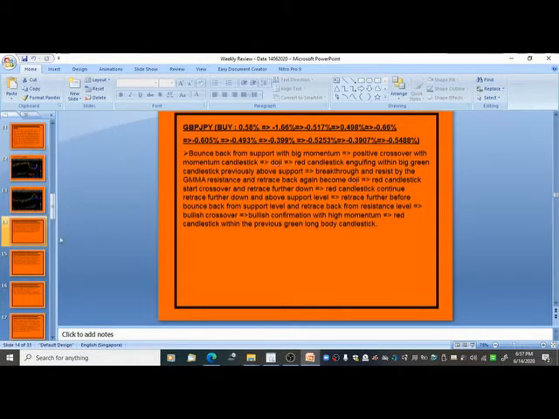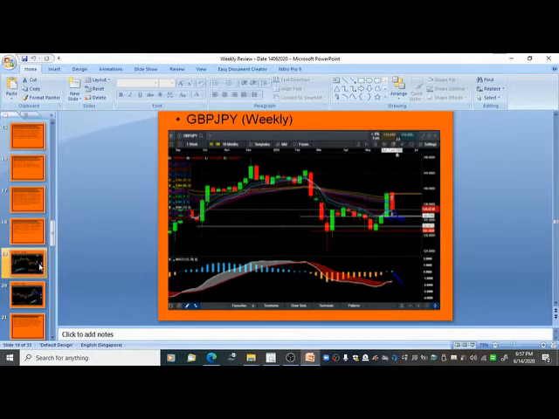Alright, for the GBP JPY, the interest charges also increased to 0.5488% this week. What we can see from the chart here now is that this candlestick is within the previous long green body here.